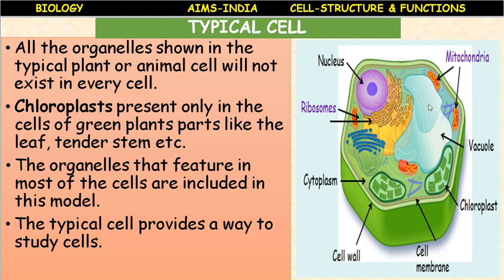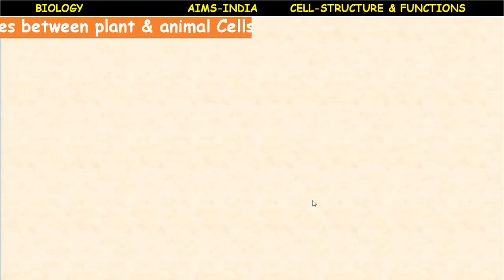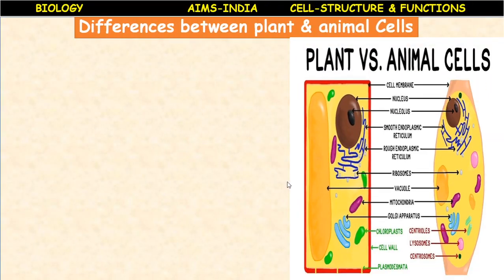This is a typical cell. It is a model which represents the actual cell. The organelles like mitochondria, nucleus, ribosomes, vacuoles, chloroplast, cytoplasm, cell wall, cell membrane. So these are all the organelles we can see in a typical cell or a prepared cell.